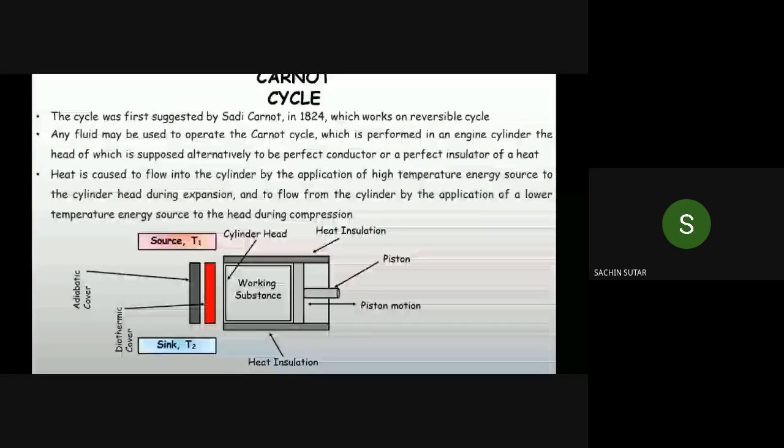And this Carnot cycle was discovered by Sadi Carnot in 1824.